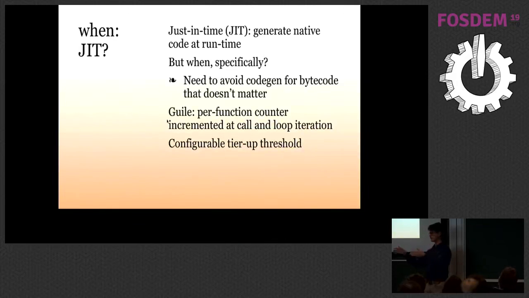And this counter is incremented every time a function is called, and additionally at any loop back edge, or at any target of a loop back edge, rather. And so when this counter overflows some threshold, then that function gets its corresponding native code emitted, and we jump into the corresponding native code. Currently, that tier-up threshold (it's called tiering up when you move from the bytecode interpreter into corresponding native code, and tiering down otherwise) is a configurable threshold.